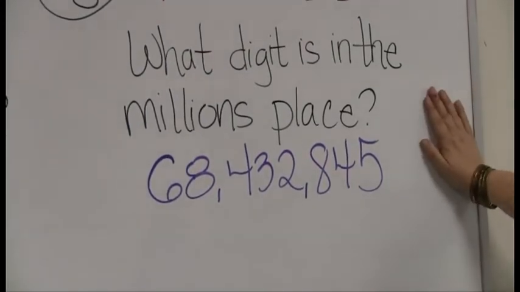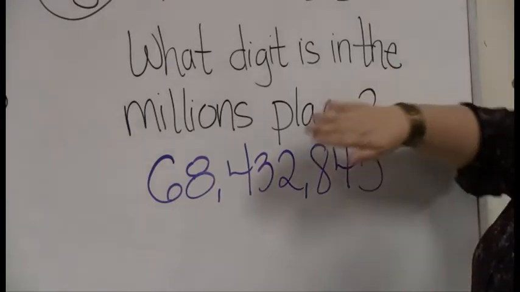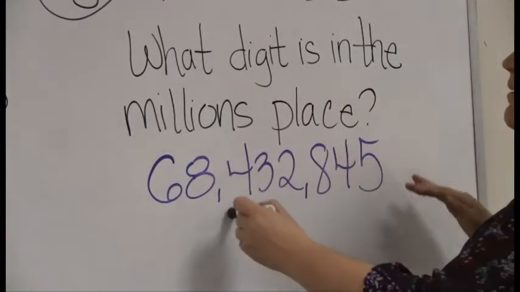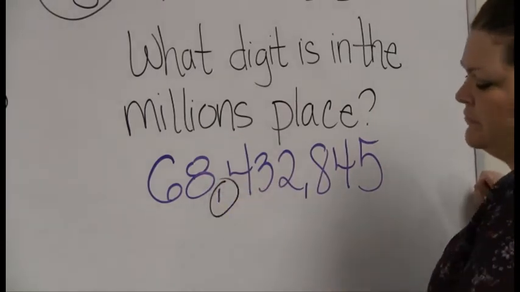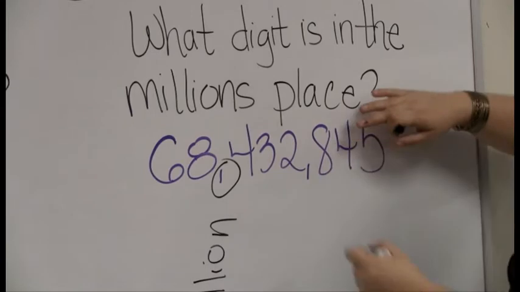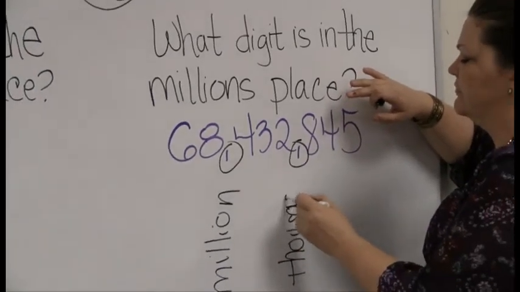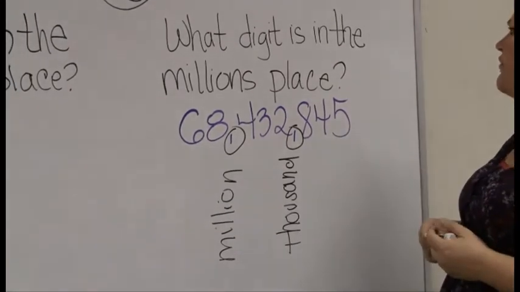Okay, final question. Largest number you're going to be asked to place to, most likely on the GED, is the millions place. So, great big number. Again, we see it's 68 million, 432,000, that's how I read that comma, 854.